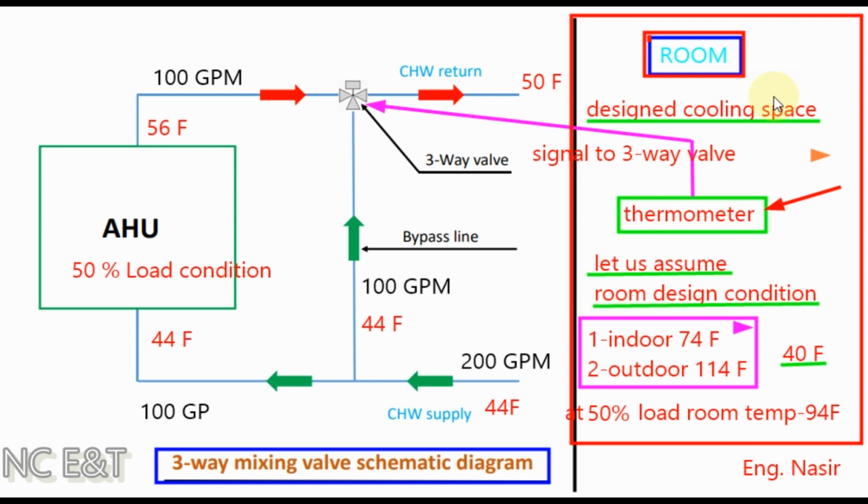So at 50% load, 100 GPM should pass through the AHU and 100 GPM should pass through the bypass using the three-way valve. After the three-way valve, when this 100 GPM at 56 degrees Fahrenheit and 100 GPM at 44 degrees Fahrenheit mix, it will generate a temperature of 50 degrees Fahrenheit for the chilled water return.